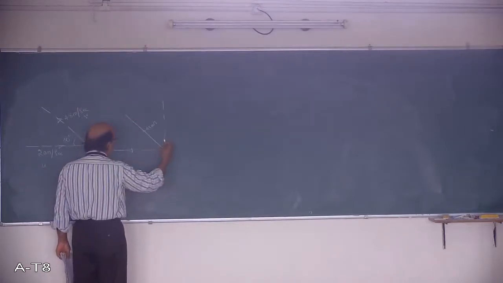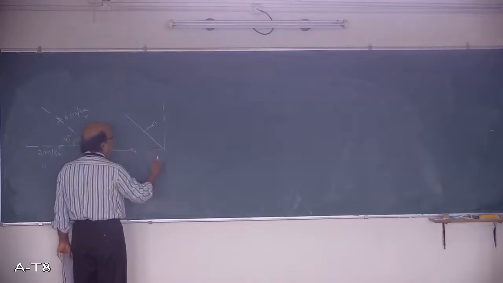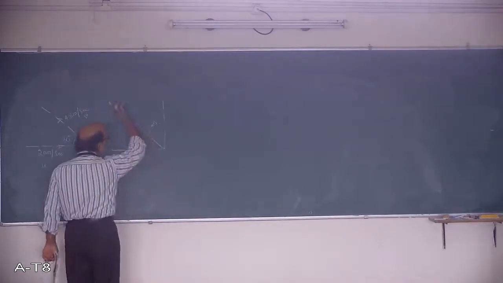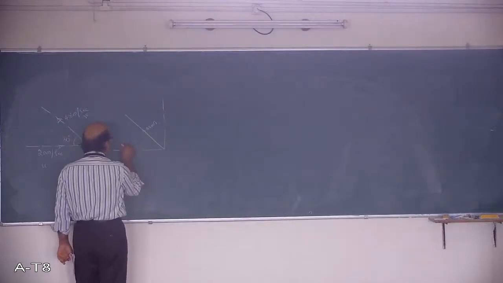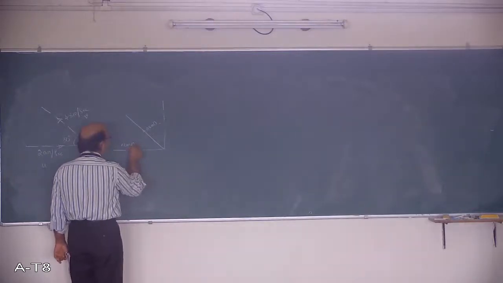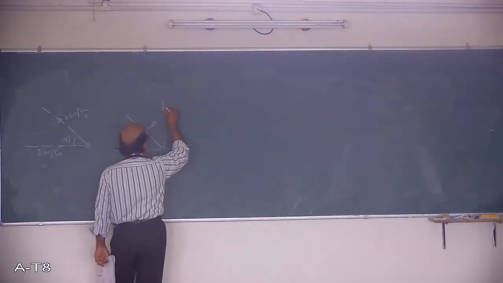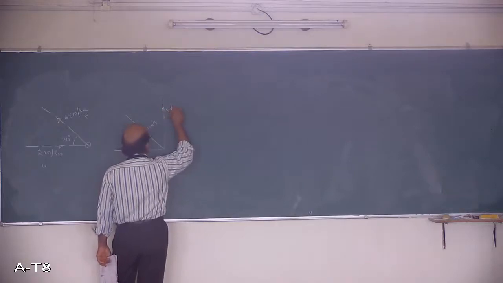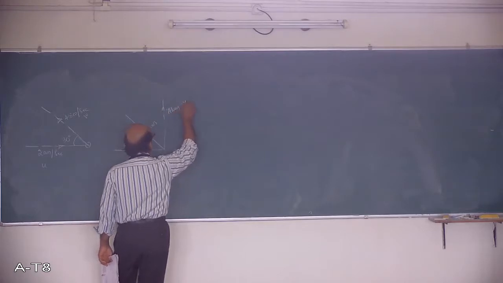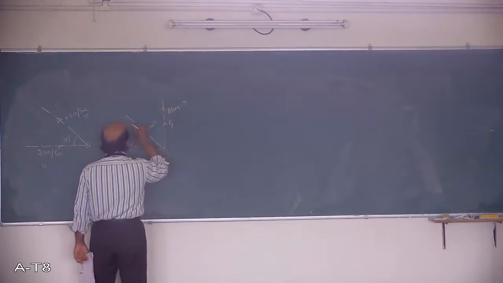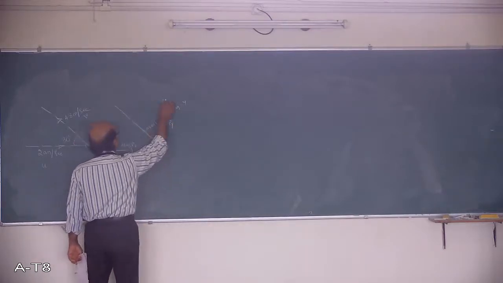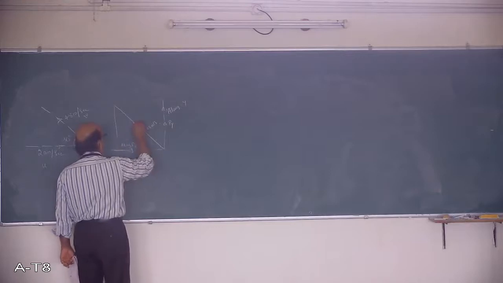One is that it is moving in the direction of x, as well as in the direction of y, and hence it moves in this way. So this is the component along x, Px, and this is the component along y, that is Py.